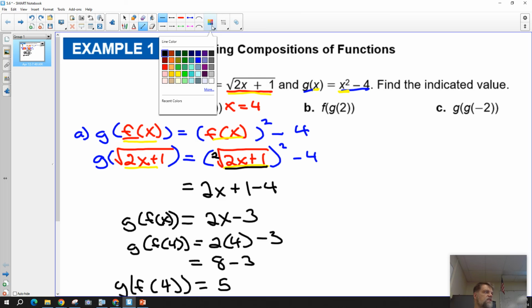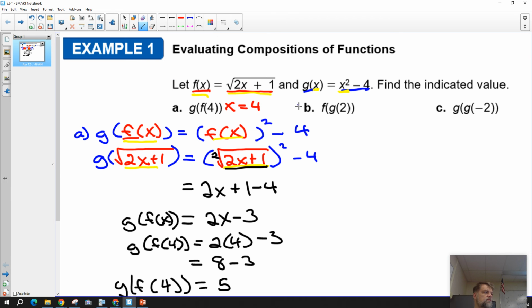I'm going to draw a little separator here so you know which one's which. Alright, so for the next one, we're doing it the other way around. We're going to say f of g of x, okay, and now I'm going to plug in what f is right here.